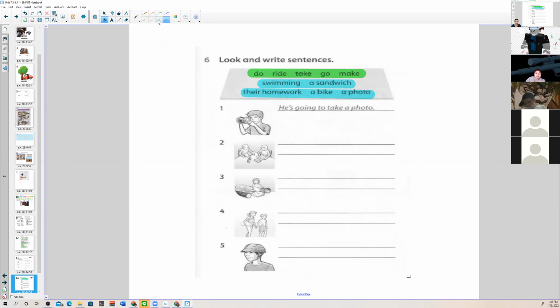He's going to take a photo. Look at the picture and then write according to the picture. If it's two of them, you use the subject they. If it's a girl, use she. If it's a boy, use he. Go ahead.